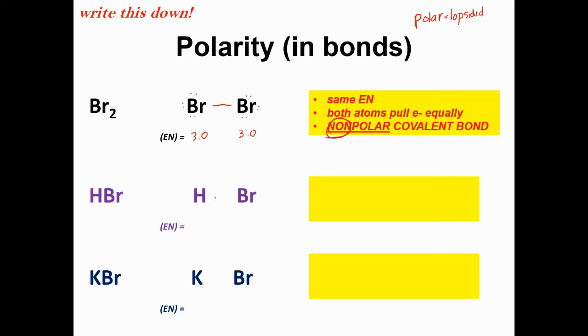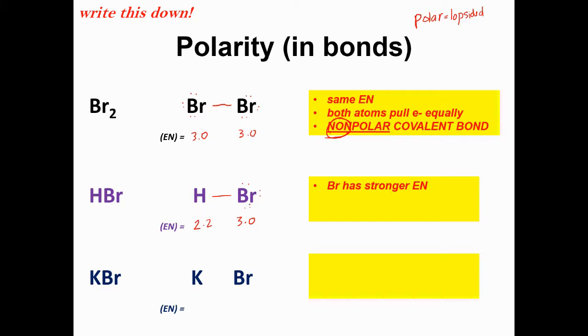Okay, let's move down to HBr. HBr, hydrogen bromide. Okay, 2 electrons are being shared there. We've still got these 7 valence electrons around the bromine. There's the Lewis dot diagram. Okay, hydrogen has an electronegativity of 2.2, but bromine has an electronegativity of 3.0.